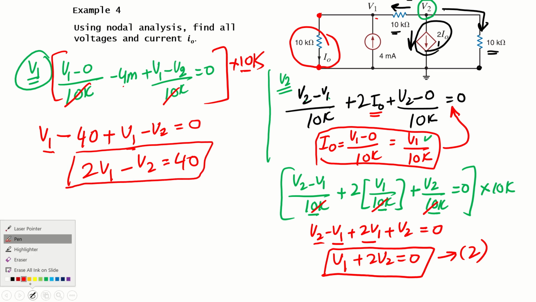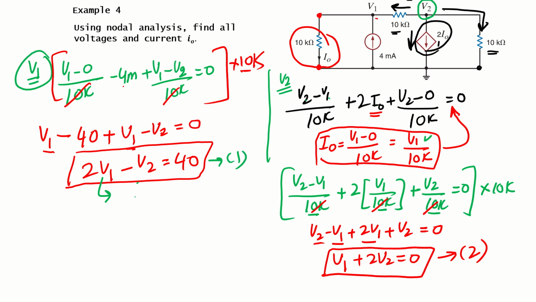You can use the substitution method, Gaussian matrix, or scientific calculators. You can use whatever you like, and we try to get the values of V1 and V2. The simplest way is substitution. Let's get V1 from the equation.